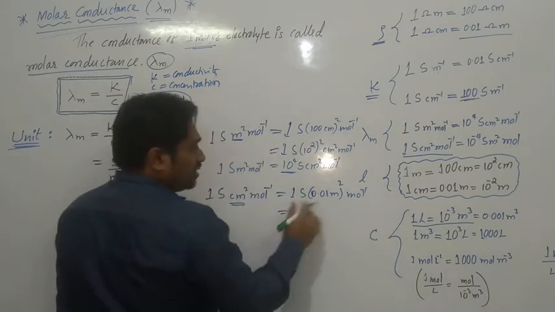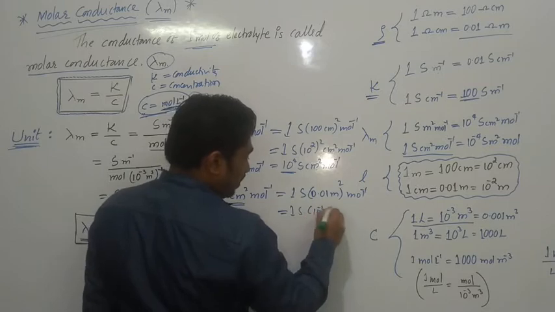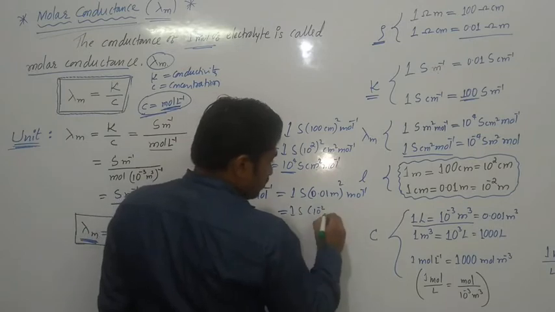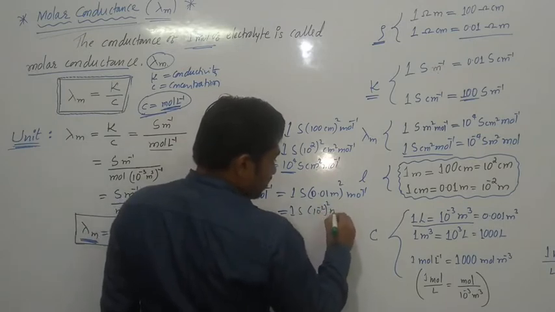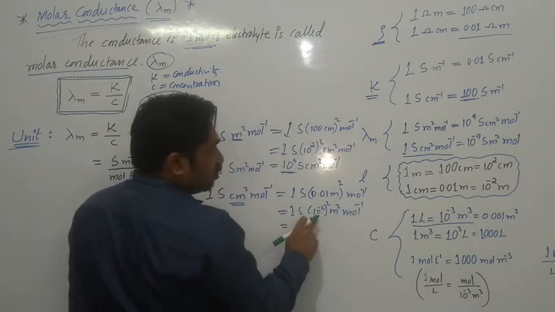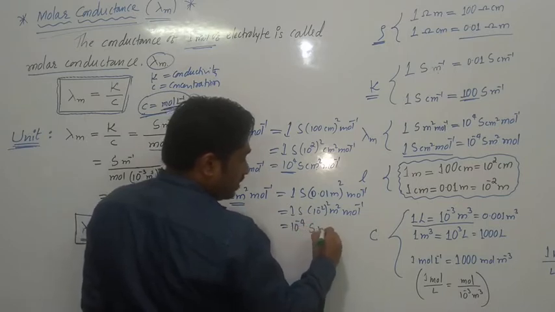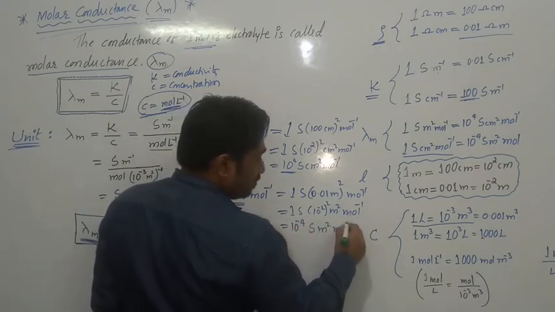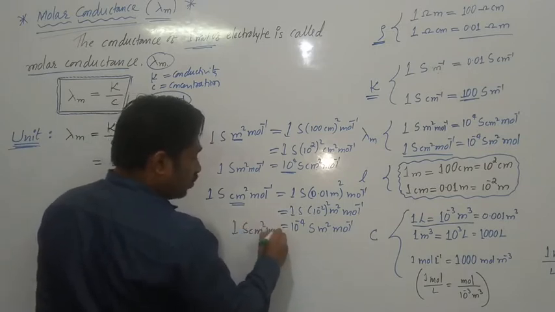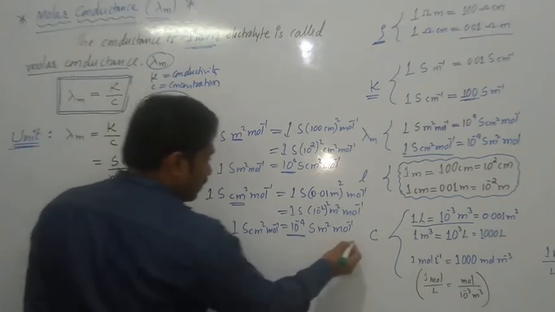Now 0.01, how can we write 0.01? We can write 0.01 as 10 to the power minus 2, square meter square per mole. Now we can write 10 to the power minus 2 raised to 2 as 10 to the power minus 4 Siemens meter square per mole. So 1 Siemens centimeter square per mole is equal to 10 to the power minus 4 Siemens meter square per mole.